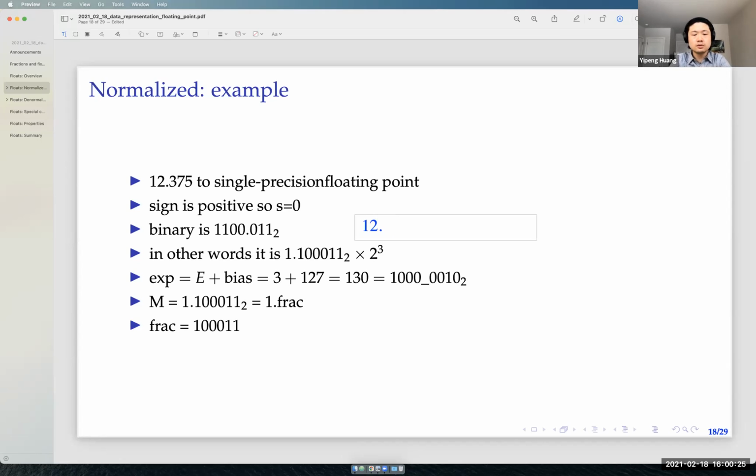So 12.375 equals 8 plus 4 plus 0.25 plus 0.125. These are all powers of 2, and so we can convert 12.375 into a binary representation by putting 1s in each of the digits that represent those numbers. This is how we get to the binary representation here.